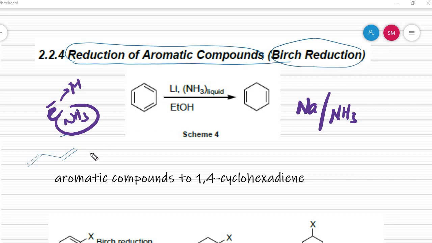As you can see, in the alpha beta unsaturated compounds there is 1,4 reduction. The same thing is going to happen here also. 1,4 reduction is going to happen because of the formation of 1,4 biradicals.